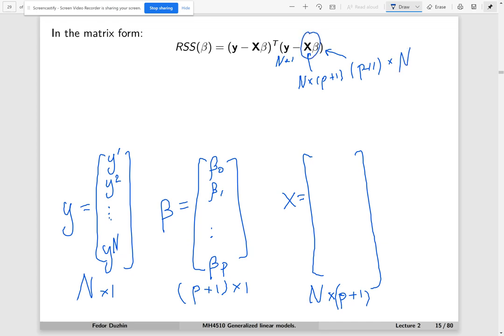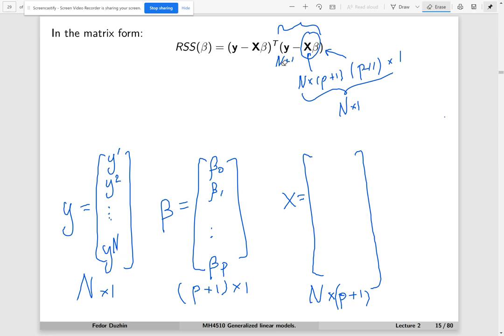Which means that x beta is now going to be, well, sorry, beta is p plus 1 by 1, right? So x beta is going to be n by 1. Now we can subtract y minus x beta, n times 1 minus n times 1.